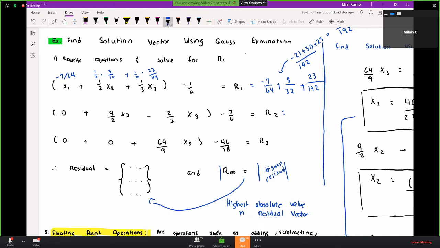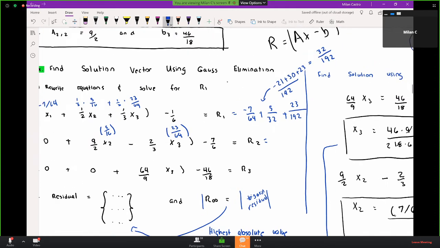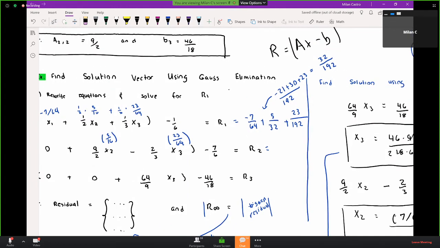R2 is going to be 5/16 and 23/16. I forgot to subtract the 1/6.